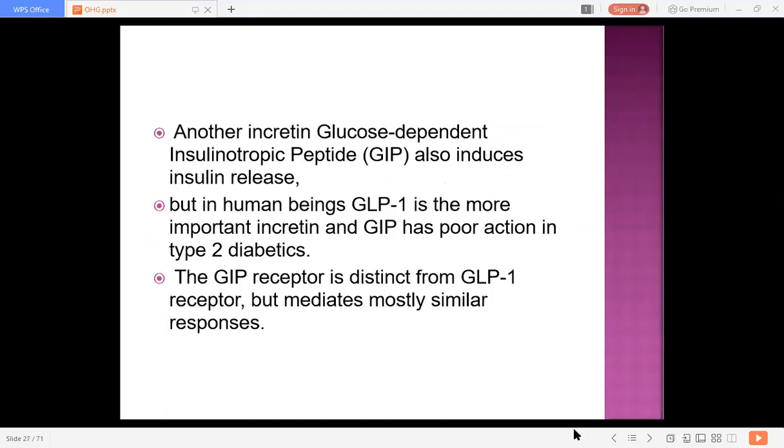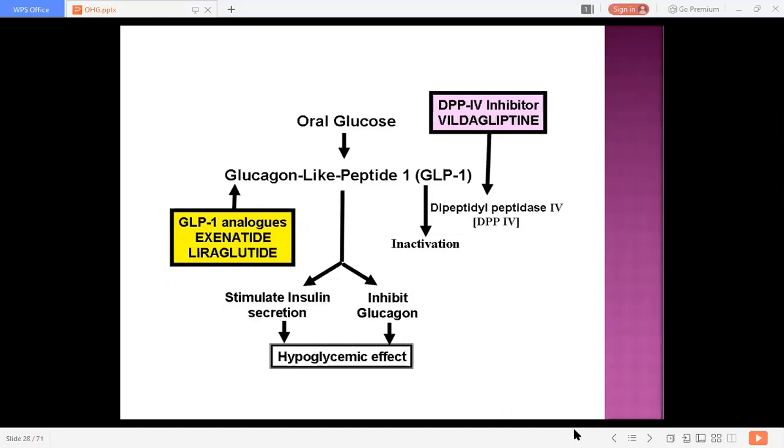Another incretin, glucose-dependent insulinotropic peptide, also induces insulin release. But in humans, GLP-1 is the more important incretin, and GIP has poor action in type 2 diabetes mellitus. The GIP receptor is distinct from the GLP-1 receptor, but mediates mostly similar responses. So oral glucose, with the help of glucagon-like peptide 1, stimulates insulin secretion and inhibits glucagon secretion, leading to a hypoglycemic effect.